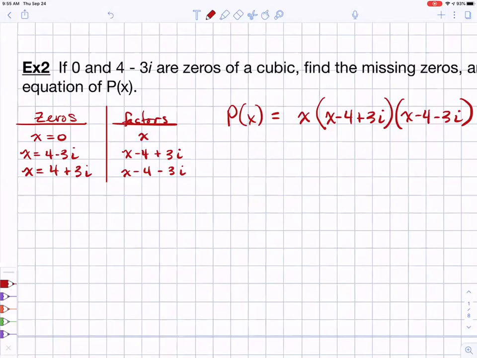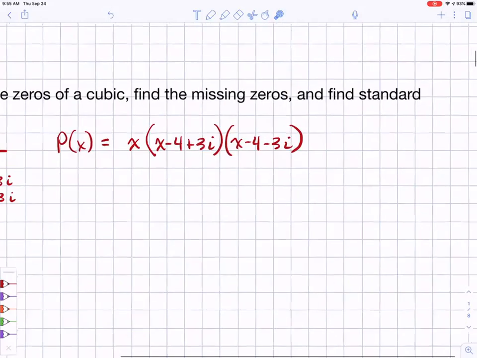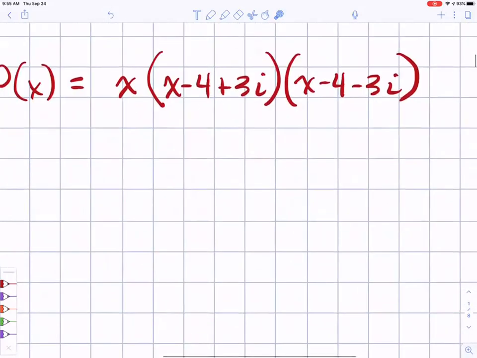Now, look up here. I'm going to show this on the screen so that the people on Zoom can see what I'm pointing at. If you don't have little dude memorized, you're going to have to take your x and distribute it to the x, distribute it to the negative 4, distribute it to the negative 3i.